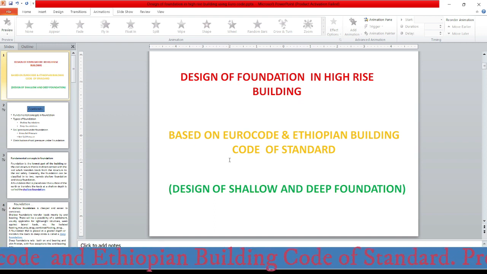Today we'll see tutorial part 28, which will be focusing on the detailed designing of foundation in high-rise building based on the European Building Code of Standard and Ethiopian Building Code of Standard. This tutorial will be focusing on the design of shallow and deep foundation.